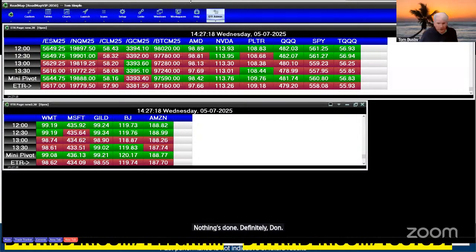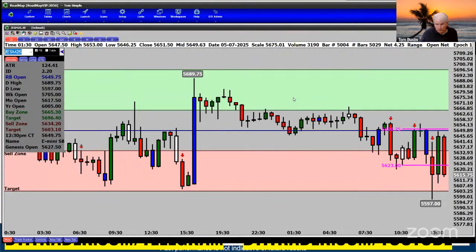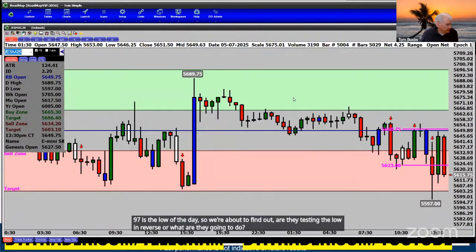All right, let's go look at a compass. Okay, we're below RB4, below Genesis. 97 is the low of the day, so we're about to find out, are they testing the low in reverse or what are they going to do?